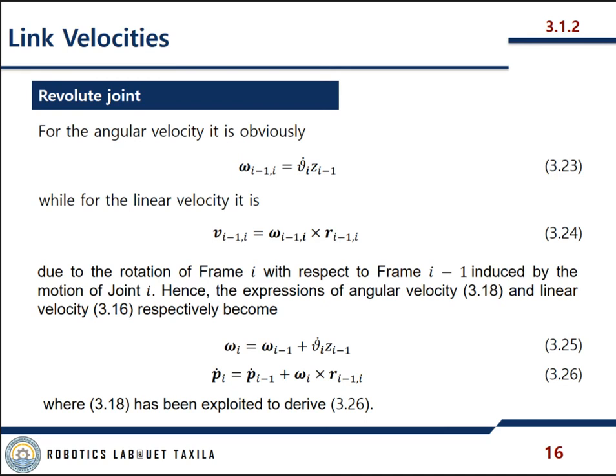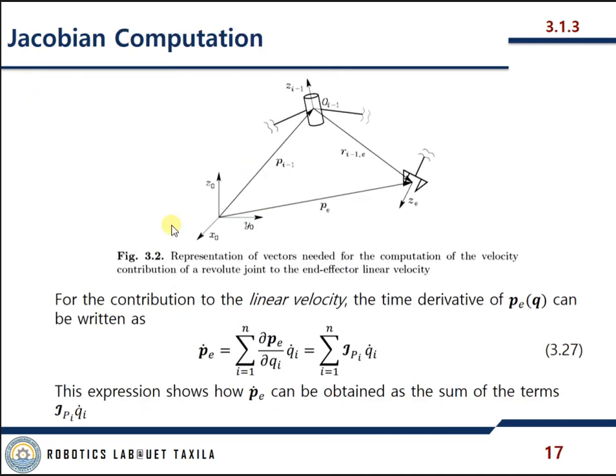So for the contribution to the linear velocity, the time derivative of p e can be written as partial p e by partial q i dot. So this is going to be the summation of all J P i and q i dot.